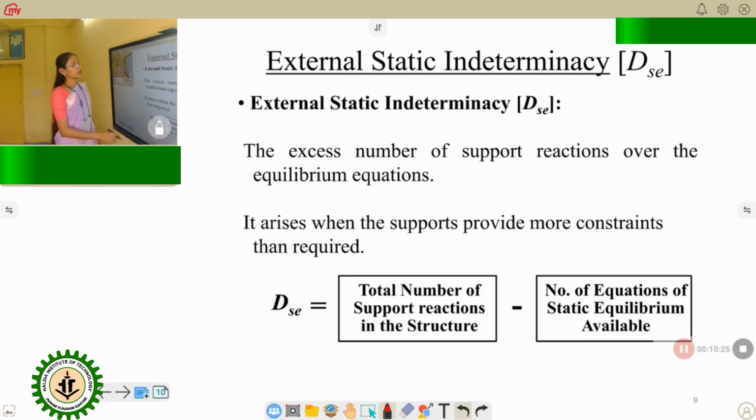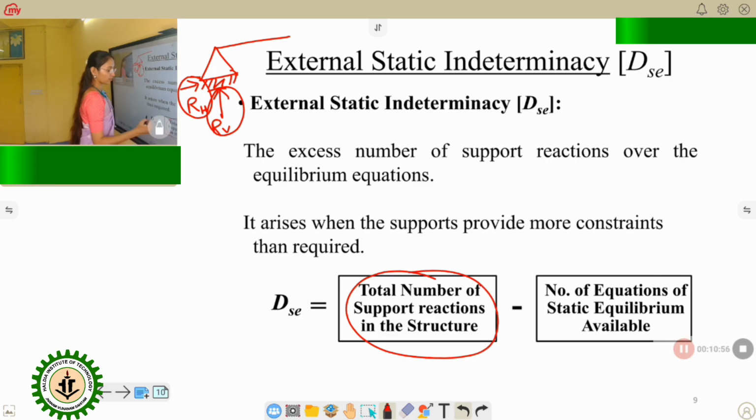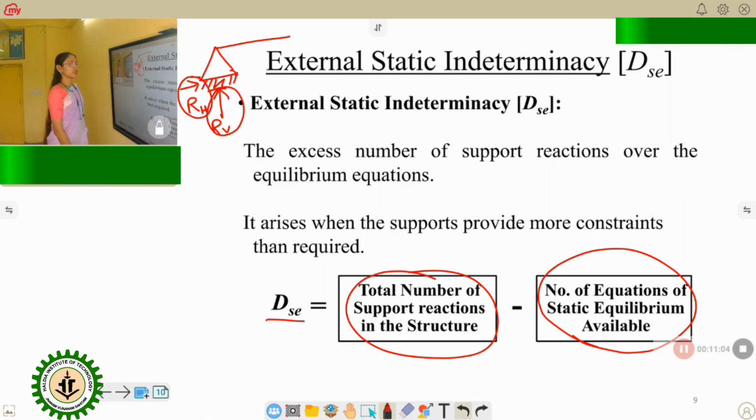Next is external static indeterminacy: the excess number of support reactions over the equilibrium equations. Similarly, if there is a pin joint, here the reactions will be RB and RH, so there will be two unknown reaction forces. In a total structure, there will be a number of unknown forces as reactions. The number of support reactions as unknown forces minus the total number of static equilibrium equations available will determine the degree of static indeterminacy.